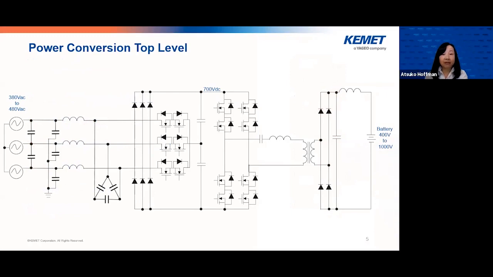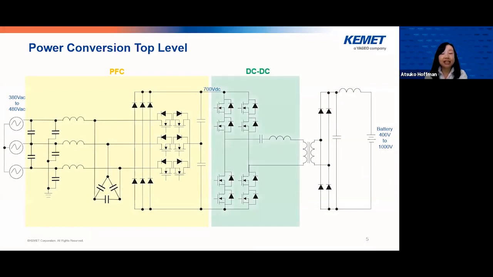This is a top-level schematic for a three-phase electric vehicle DC fast charger that typically charges 50 kilowatts and more. The first stage is an AC to DC converter stage, and that includes the PFC block.